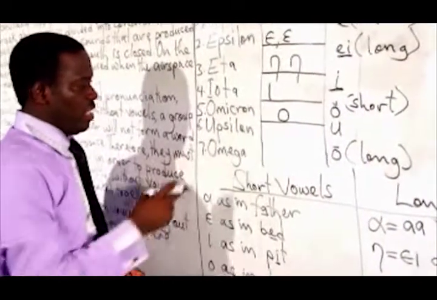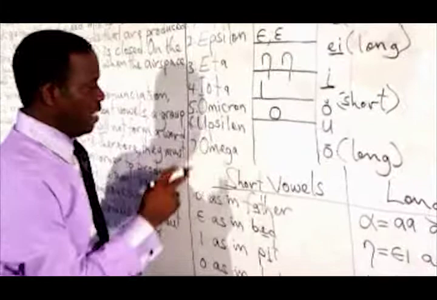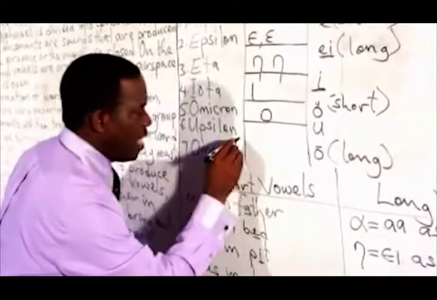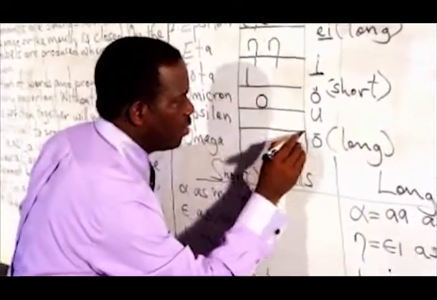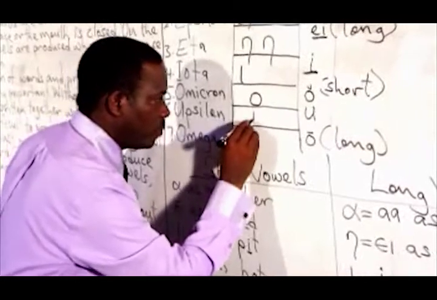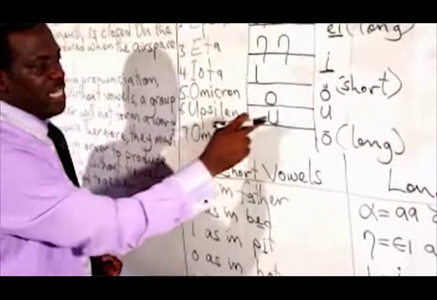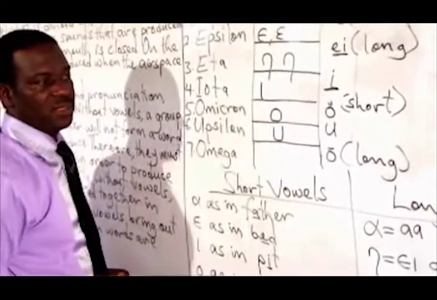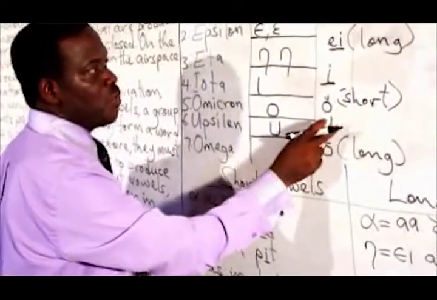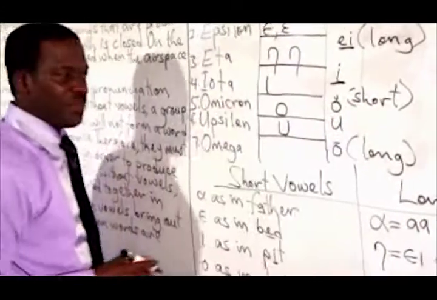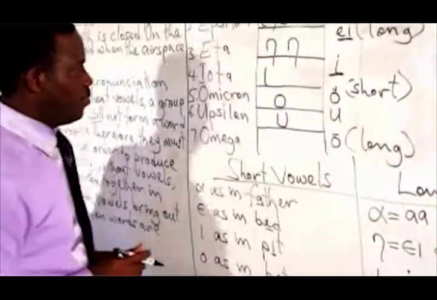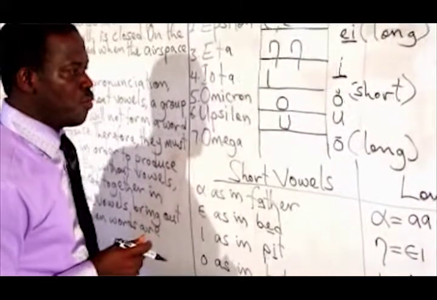The number 6 Greek vowel is upsilon, and this is how to write upsilon. There's no vertical stroke by the side, and upsilon sounds as U, just as we pronounce the double O in two.